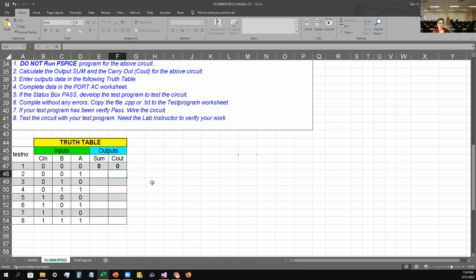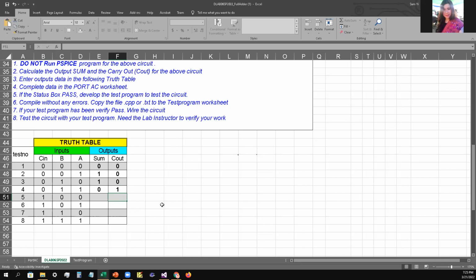Now this one, 0 plus 1 would be 1, and so you don't have any carry over to the next column. So this one 0 plus 1, plus this one 1 plus 0, that would be 1, so we don't get any carry over. Now this one we will have a carry over. It'll be 0 carry 1. So this 1 plus 1 would be 10, or 1 0. So you get a 0, and then the 1 would carry over to the next column.